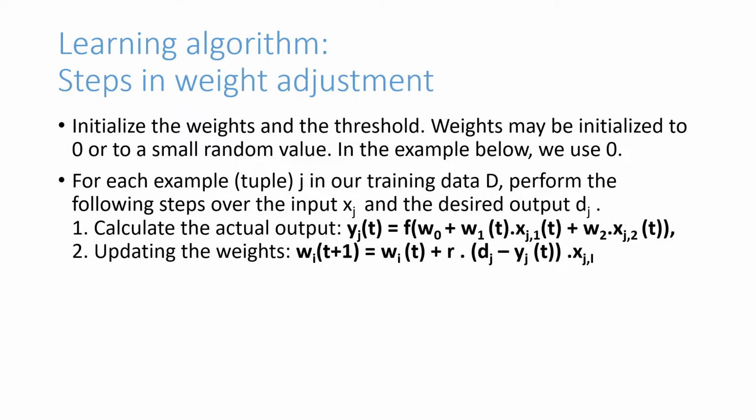This is also called learning. After the actual output is produced, the weights are adjusted using the delta rule. In the second step, R is the learning rate, dj is the desired output, yj is the actual output, and xj is the example.